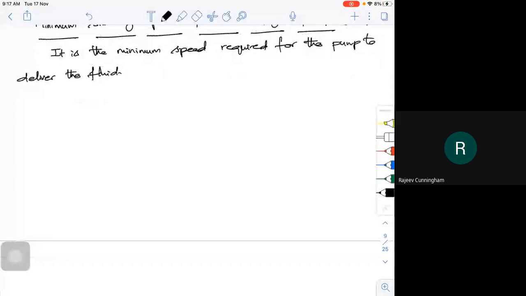Say for example, I have an impeller like this. This is your casing and this is an impeller. Your impeller may have vanes something like this. Now the fluid has to come out like this.